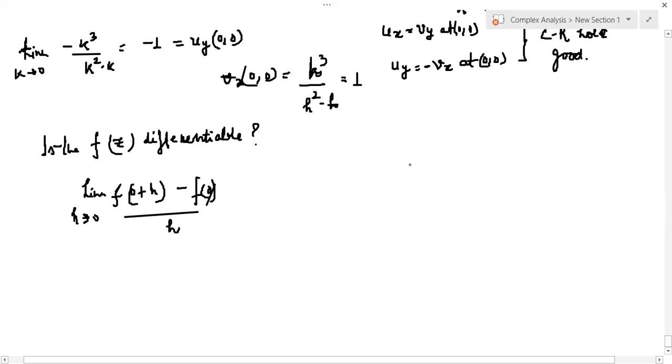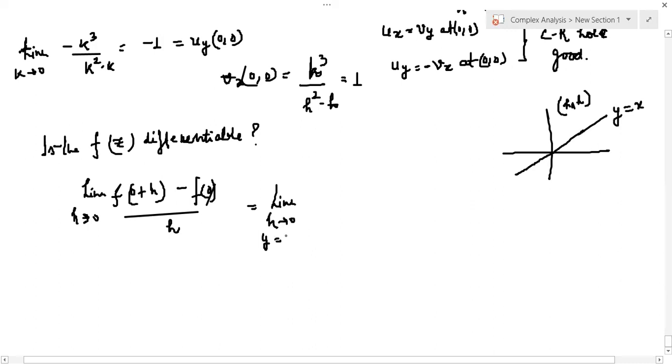Okay, now let us take two paths. One path I'm going to take around y is equal to x only. So along this line, I can simply write any point to be equal to h comma h, or simply h1 comma h1. So I'm taking this path. At first I'm taking path limit h tends to 0, y is equal to x.